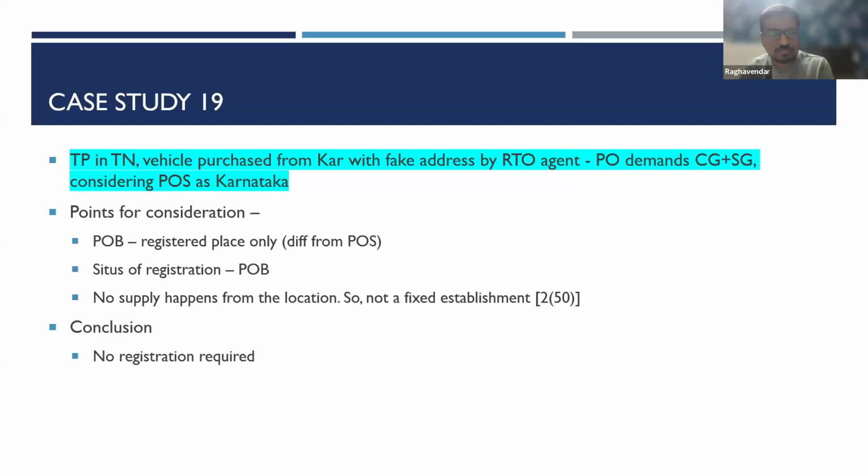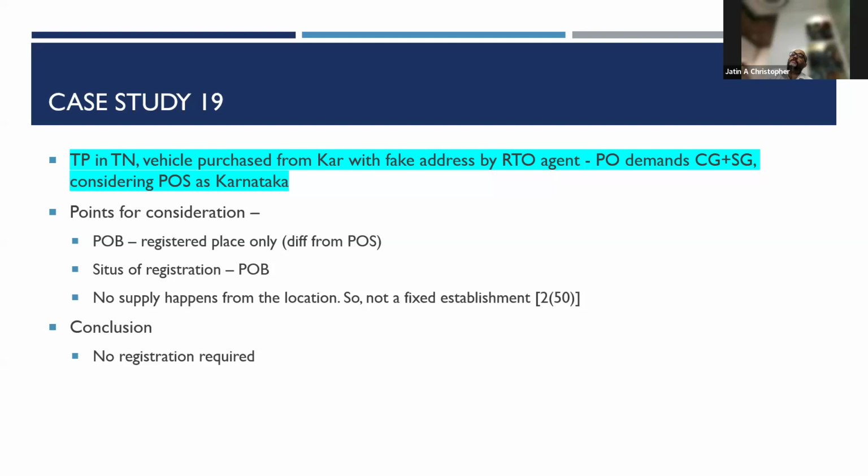Suppose you are taking ITC on capital goods, the vehicle purchased. If you give the Karnataka GST number, what tax will the vehicle dealer charge? CGST, SGST, or IGST? There is no registration for the person in Tamil Nadu, he is only unregistered. RTO you have given some number, no?